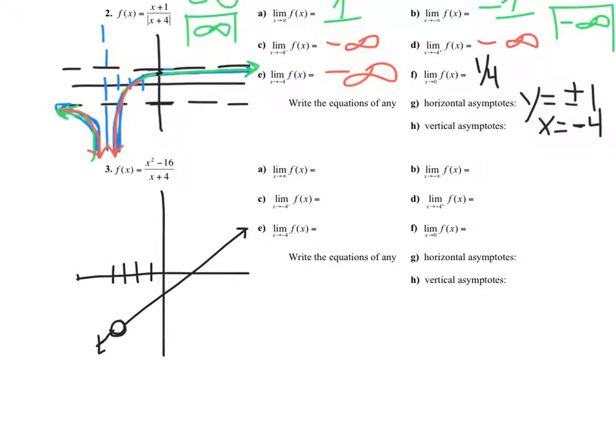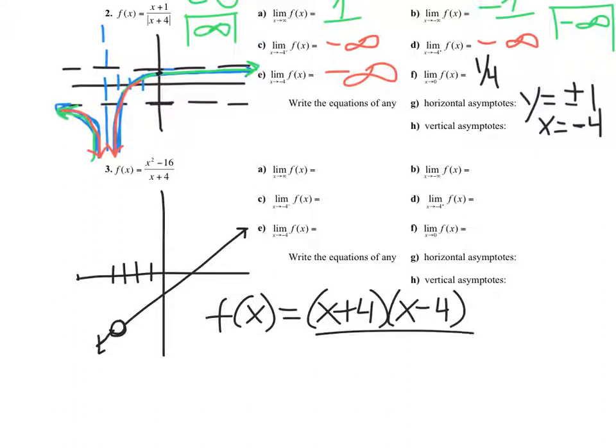That should make sense to you because if you simplify it algebraically, this is x plus 4, x minus 4, and this is x plus 4 on the bottom. We still know that our domain is all reals except for -4, because if you plug in -4, you get 0 in the denominator. But once you reduce, this is just the line y equals x minus 4, with a hole in the graph.